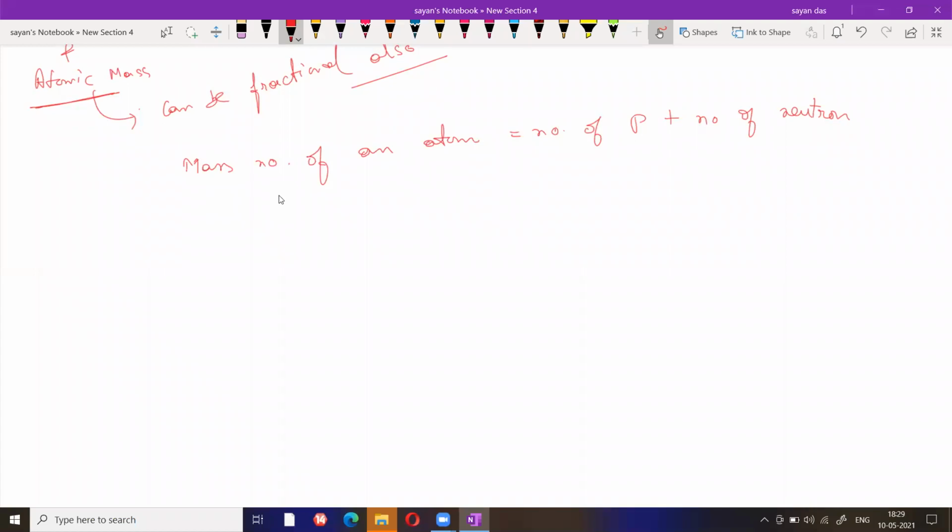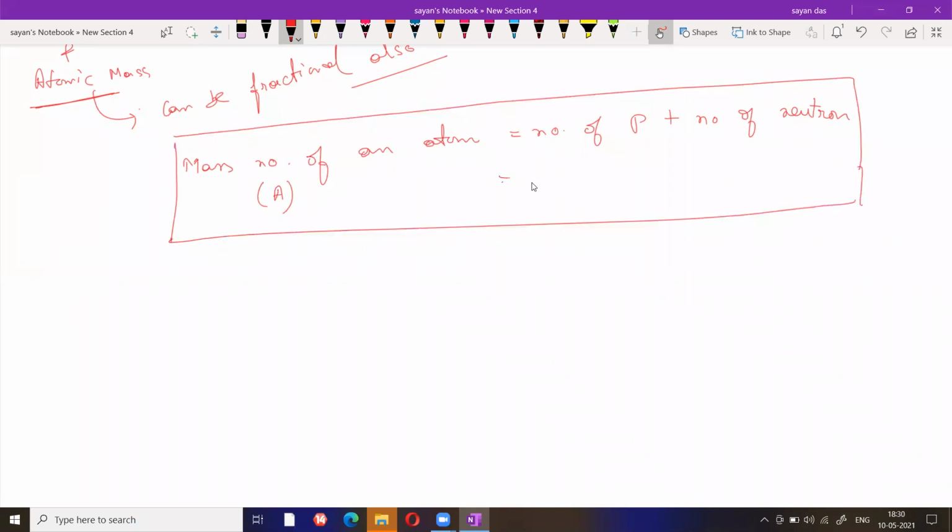This mass number is represented as A. And we all know that number of protons equals number of electrons. So this formula can be changed to number of electrons plus number of neutrons.